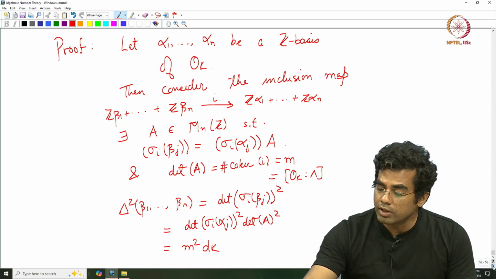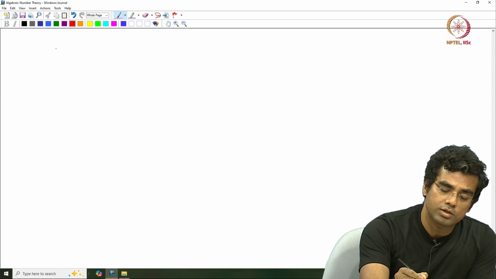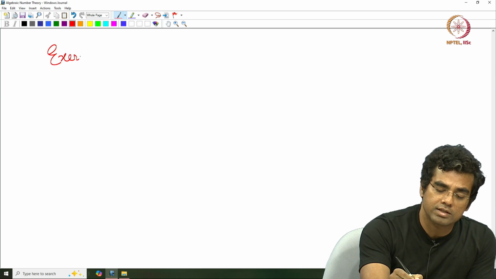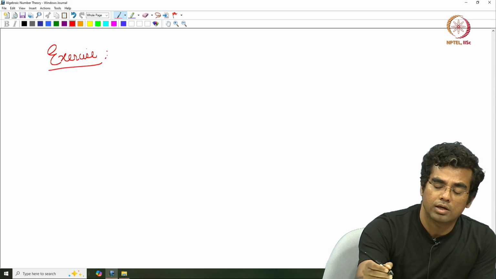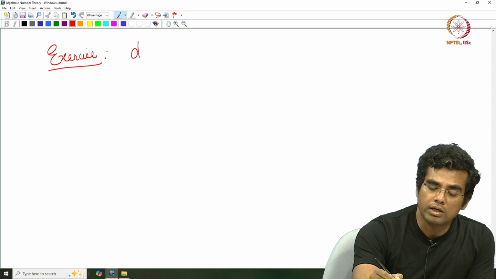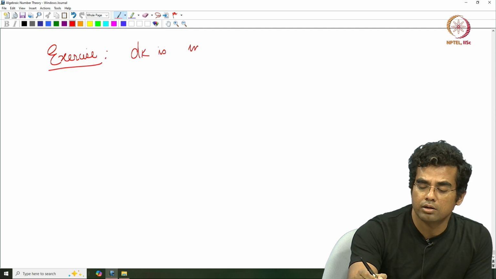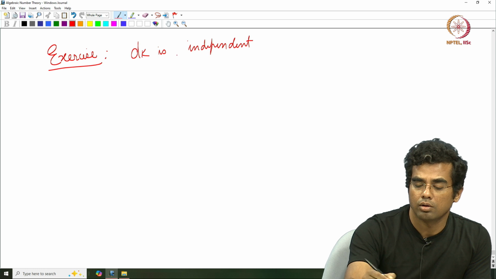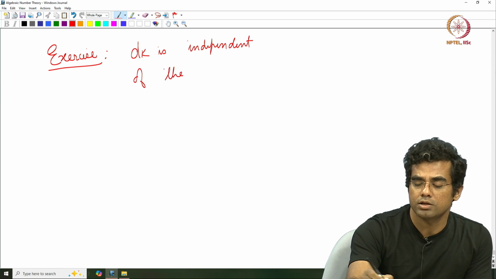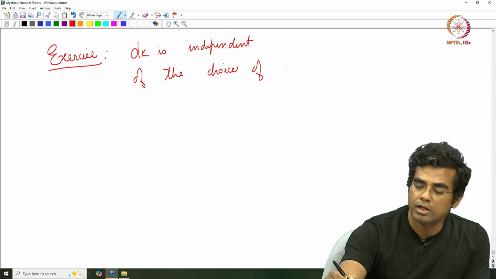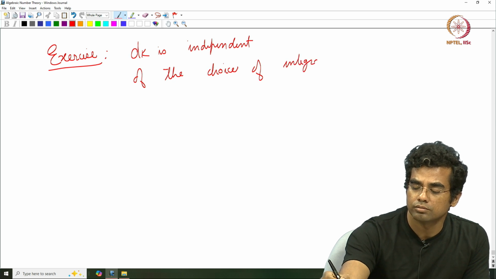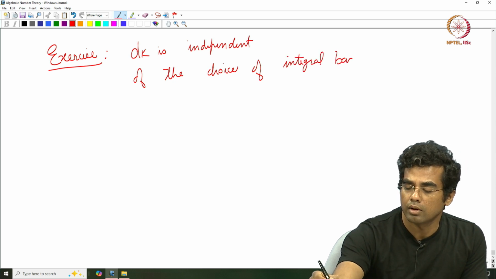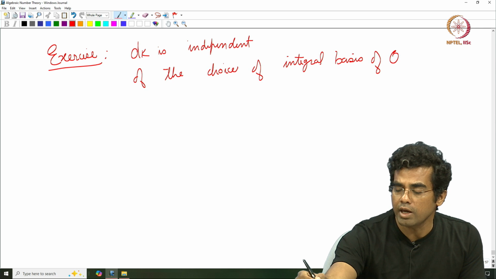Okay. One thing I forgot to tell you is maybe another exercise that I wanted to give is that d_K is independent of the choice of integral basis of O_K.